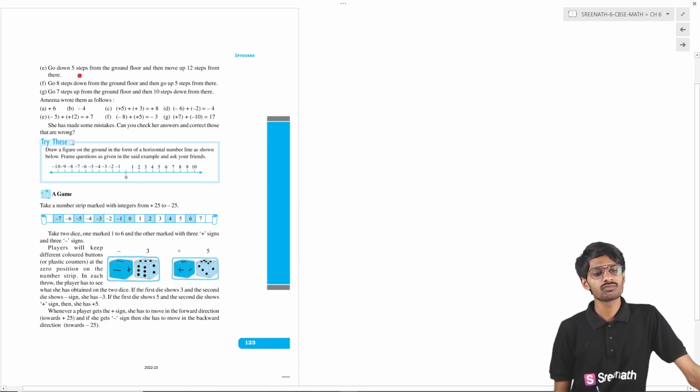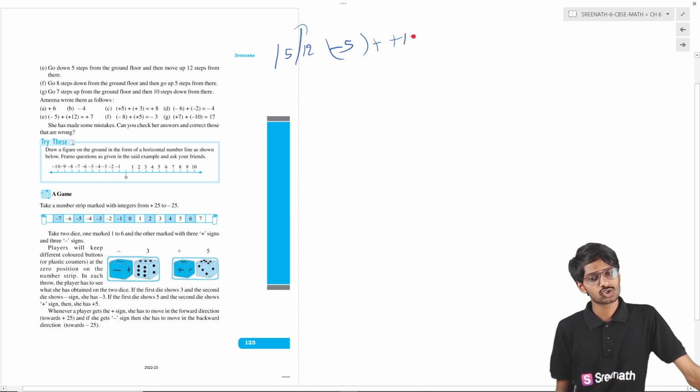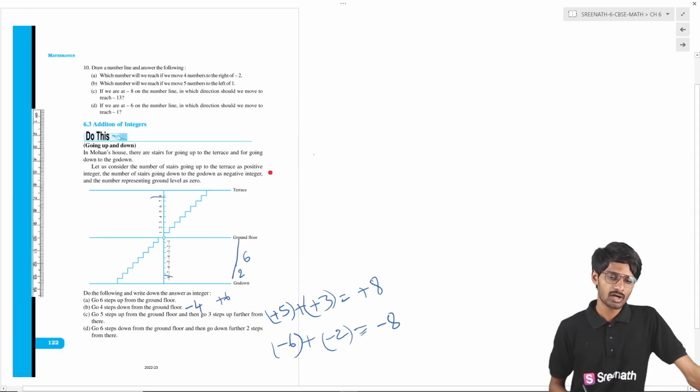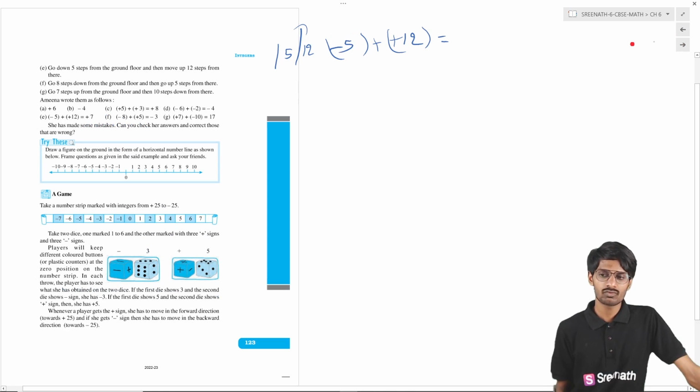Now go down 5 steps from the ground floor. You are moving 5 steps, so it becomes -5. And then move up 12 steps from there. So again you have to move 12 steps, so we have to add, and it becomes +12.